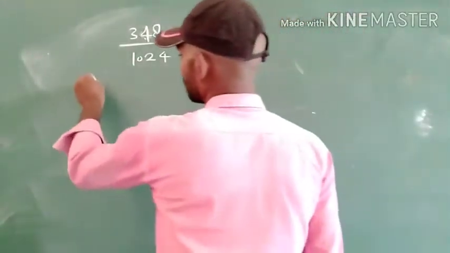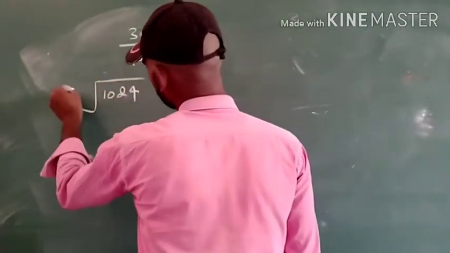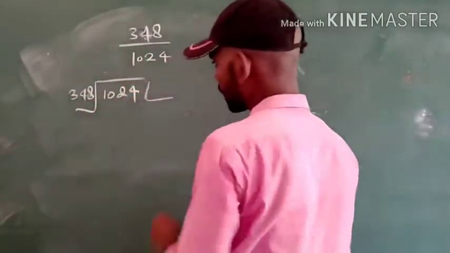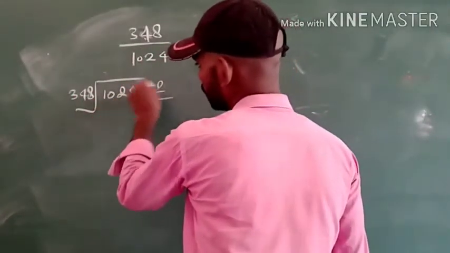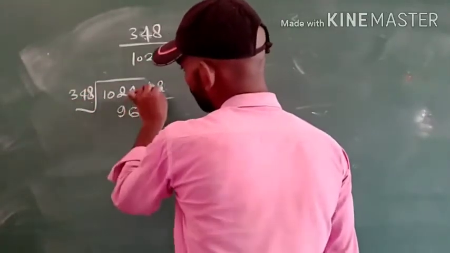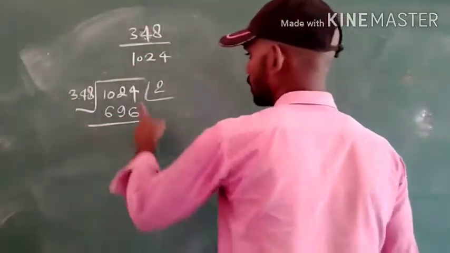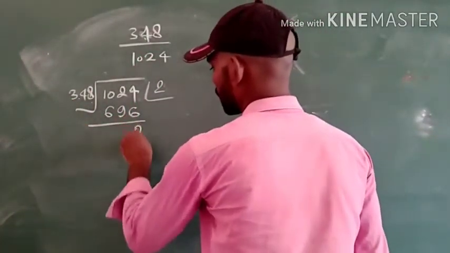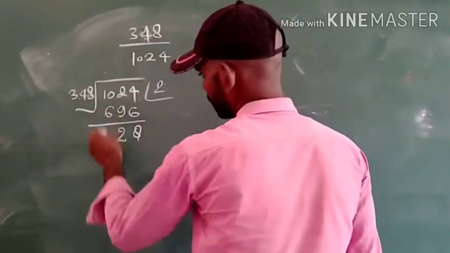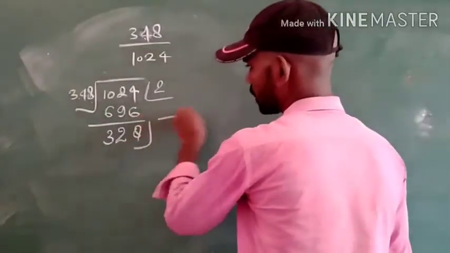So we write 1024, and this will be divided by 348, and here we write 2 times 8 is 16, 2 4s are 8 plus 1 is 9, and 2 3s are 6. Now subtract it. 14 minus 6 is 8, 11 minus 9 is 2, and 9 minus 6 is 3.